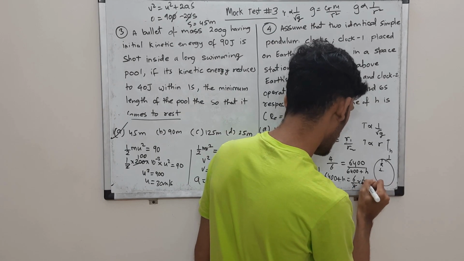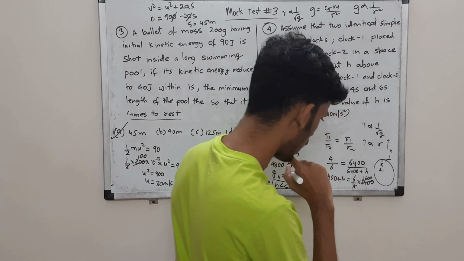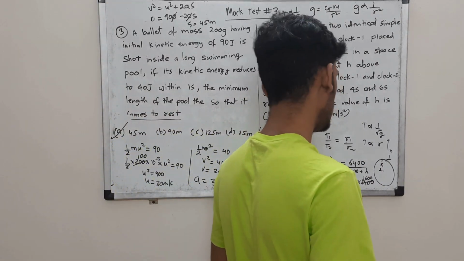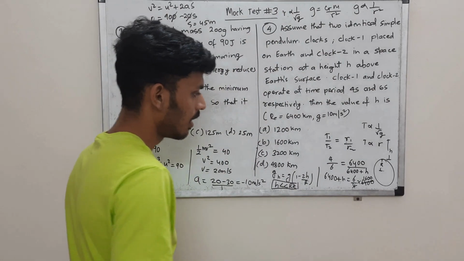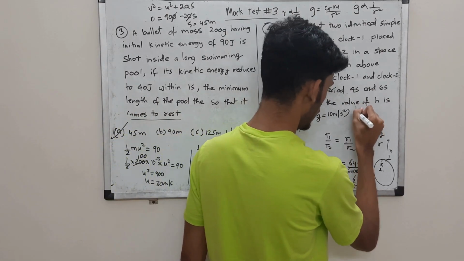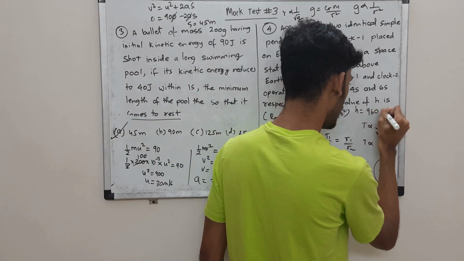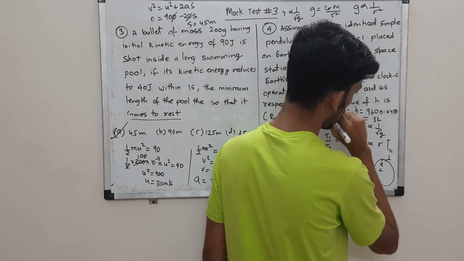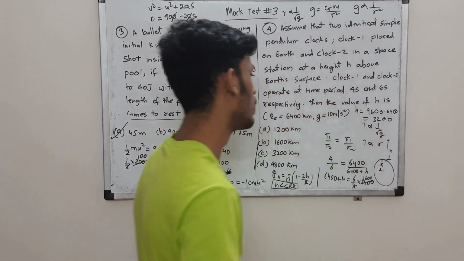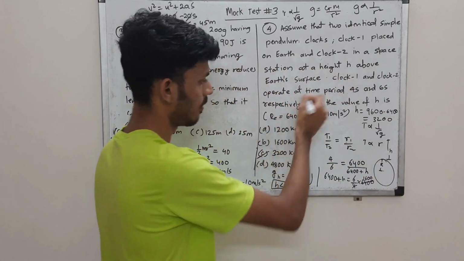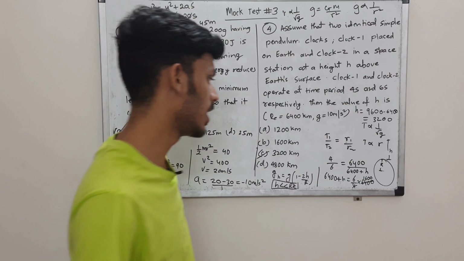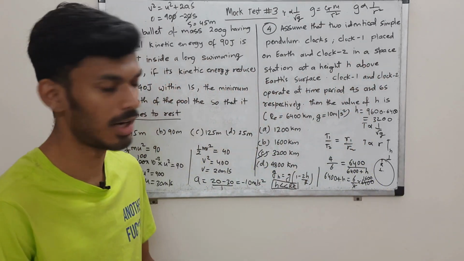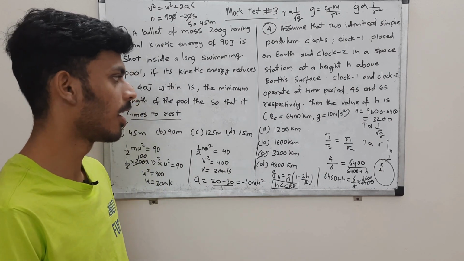This is 1600, 16 times 5 is 80, if you add 16, 9600. So h is 9600 minus 6400. 96 minus 64 is 32 and two zeros, so 3200 kilometers, if everything is in kilometers. So your correct choice over here should be 3200 kilometers.